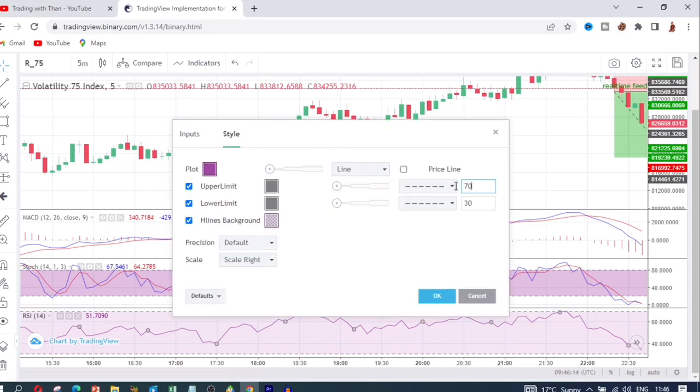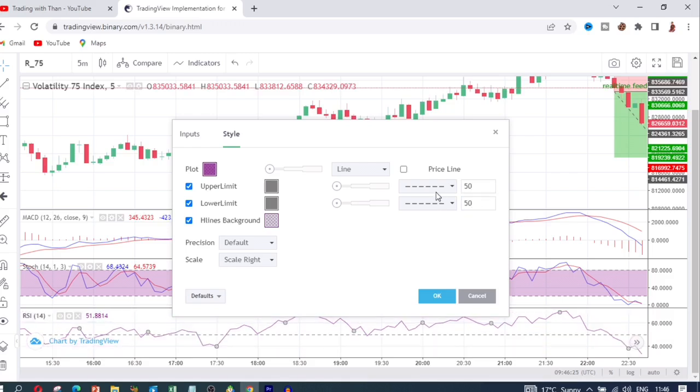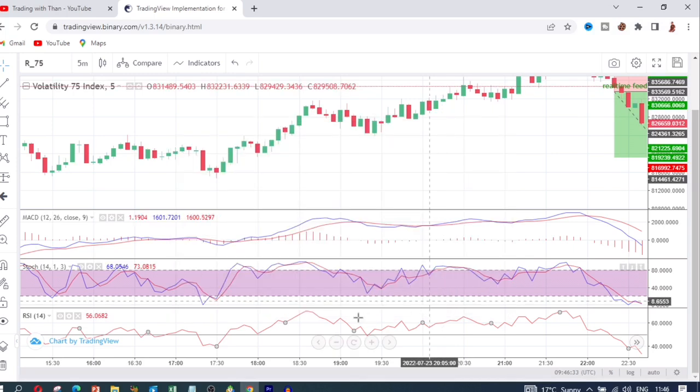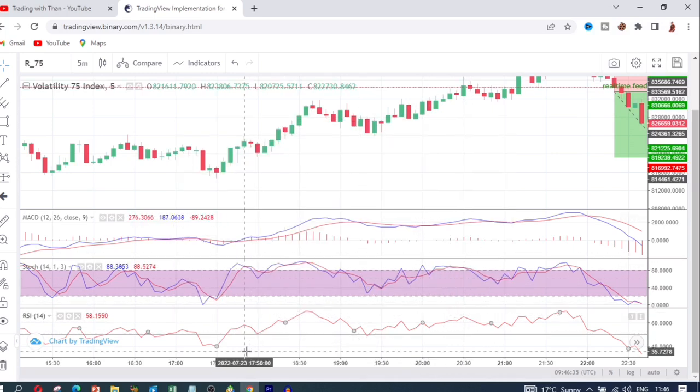You don't change the input, and then you put level 50, and then you put also level 50 here, and then you can change the color. Let's change the color of this one to red so that you can see it clearly, and then done, right? So now we have our 3 indicators on the chart right here.